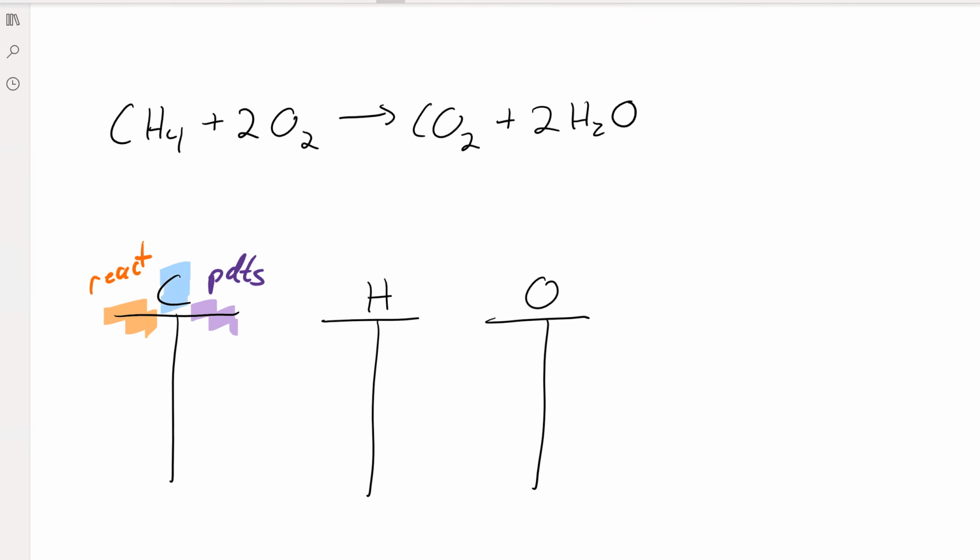Let's take a look at carbon. On the left side, we've only got 1 carbon from the CH4. On the product side of things, we only have 1 carbon from the CO2. Next up, we have hydrogen. We have 4 hydrogens from the CH4. And then on the product side, we have 2 hydrogens in each molecule of water, but then we have 2 molecules of water.